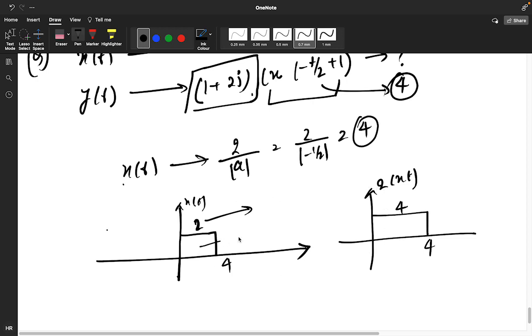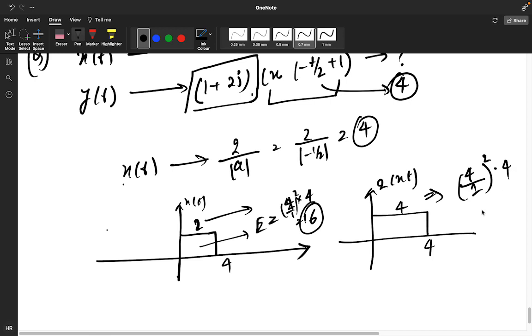So what is the energy here? 2 the square, that is 4. What is the time period? 4. And that was 1 only. So 2 divided by 1 the whole square, so that is 4 only. 4 into 4 is 16. What will happen here? Amplitude is 4 divided by 1 the whole square.